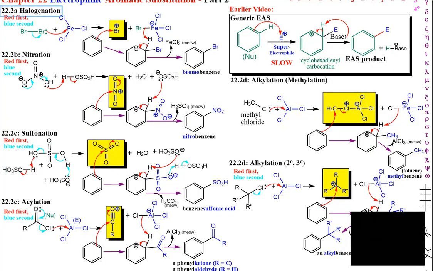In 22.A, the halogen group is a bromine. Regenerated iron chloride catalyst, and bromobenzene. We regenerated our sulfuric acid catalyst here while making nitrobenzene, NO2, nitro group.